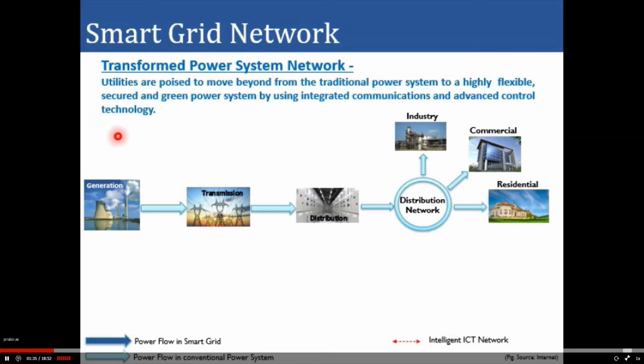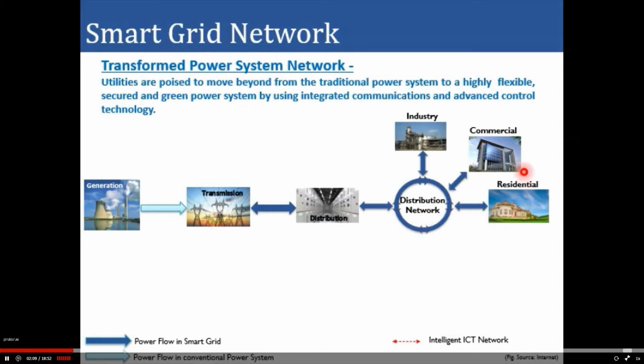So let's see what changes we will have when we say the conventional power system network is transformed into the smart grid network. So the first change which you will see is the bidirectional power flow, because whether it is industry, commercial or the residential system, those are now being integrated with the solar PV or the small wind farms.